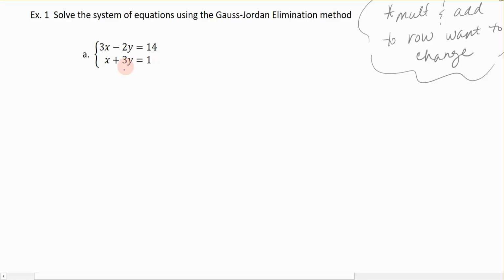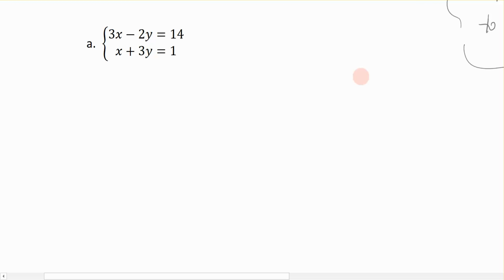So the first thing I'm going to do in order to solve the system is rewrite this in its matrix form. I know that it's going to have 2 rows because I have 2 equations here. Each row represents one of the equations from my system. So to write the augmented matrix, we're going to write a 3, -2, and a 14.